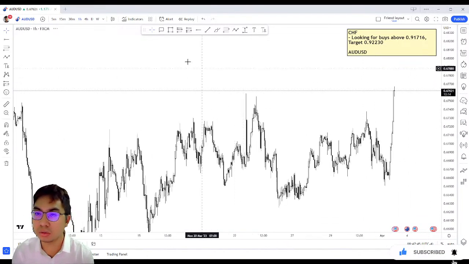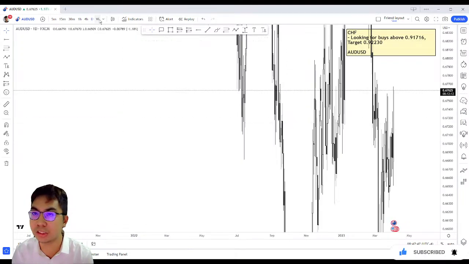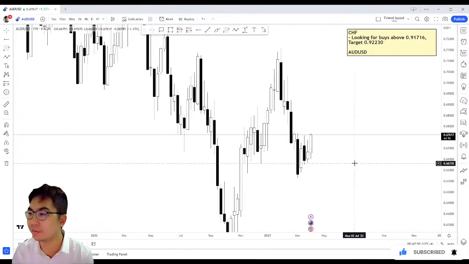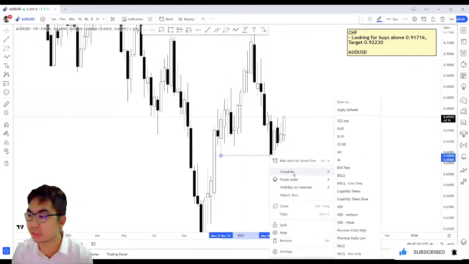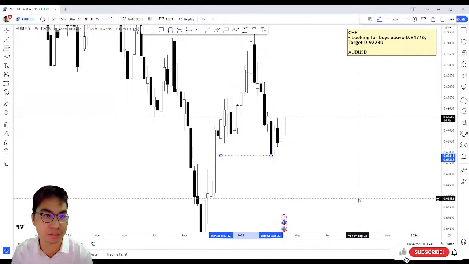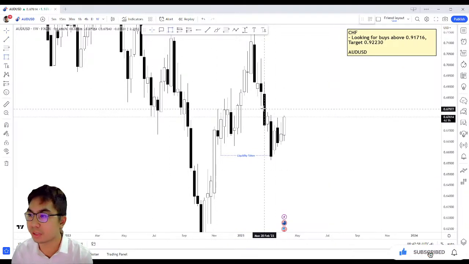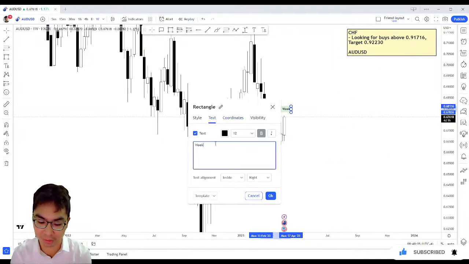You notice that price is reaching out for the weekly fair value gap. Price has previously taken out the liquidity on the weekly charts. So we could see price continue bullish, heading up towards that weekly fair value gap.